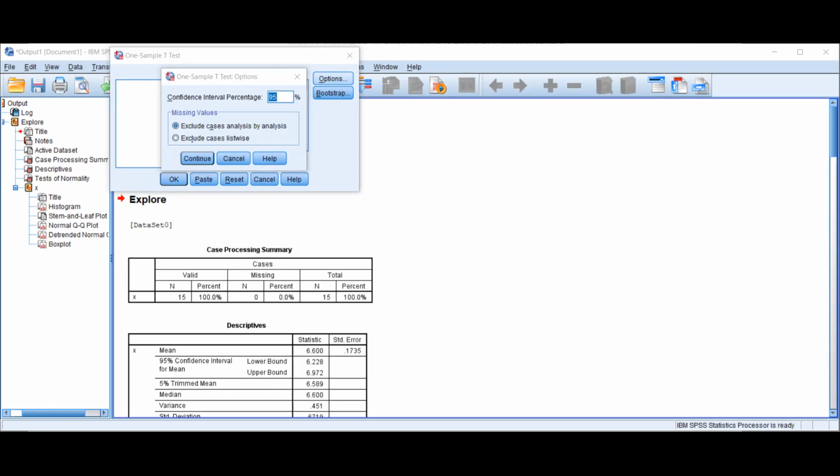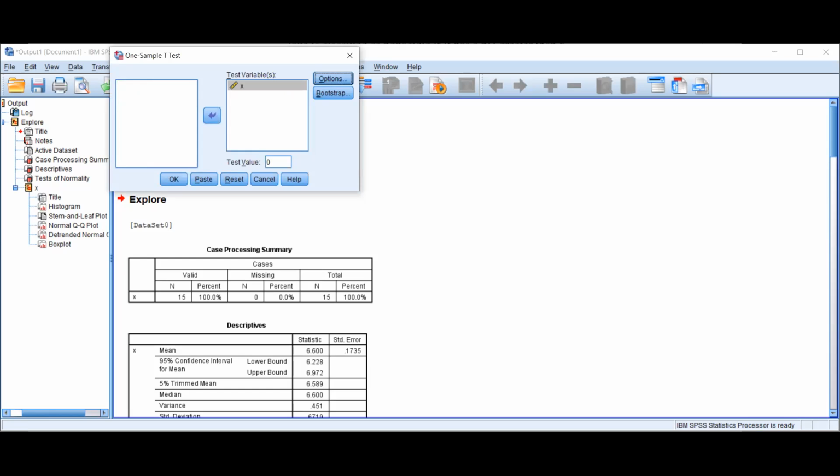So if the alpha is 5%, then we can use it. The value by which we are going to compare is 6, which is stated in the problem. So this number must be plugged into a one-sample t-test. In a two-sample t-test it is not required, because there we compare whether the two means are the same or not. But here we have to compare the mean with a number. So this value is there.